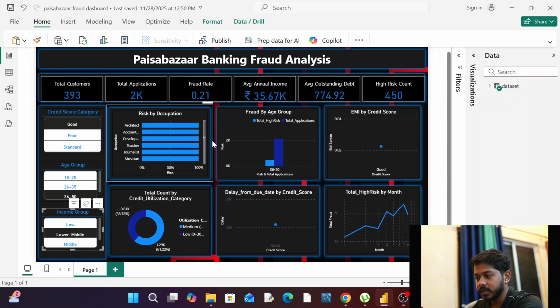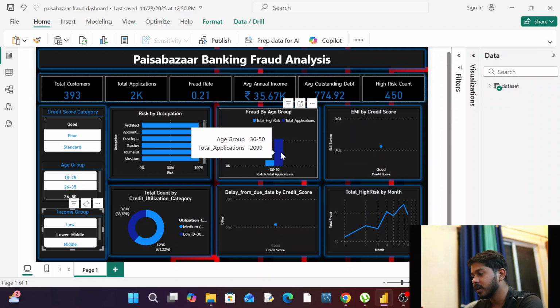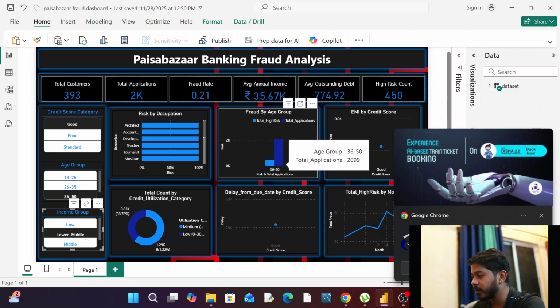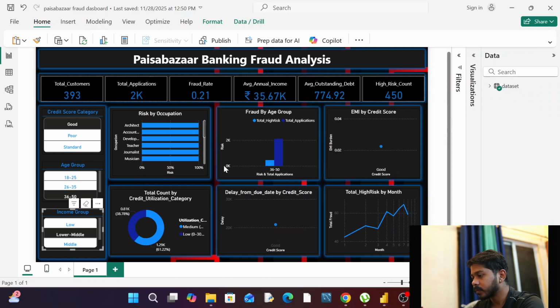So in this group, the good group 36 to 50 and lower middle group, total applicants are 2099, and how many frauds have been caught, that is 450.